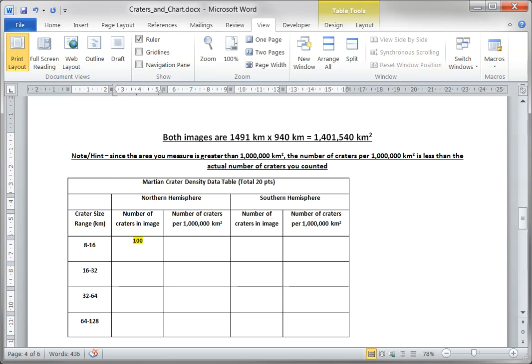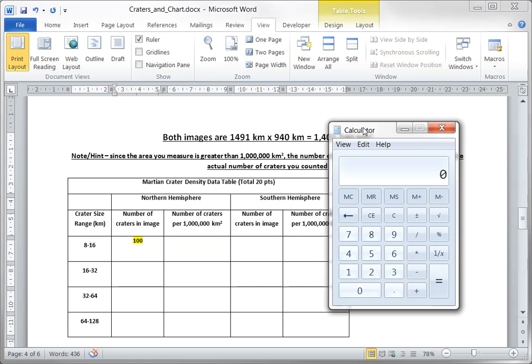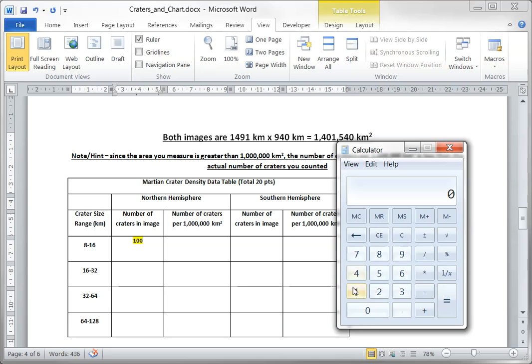How do you do it? Simple. You grab a calculator and you enter the number of the actual craters, 100, and your image is bigger than the normalized image, which means that you divide your number of craters by 1.401 for 1.4 million square kilometers.